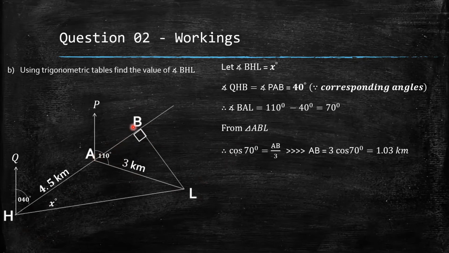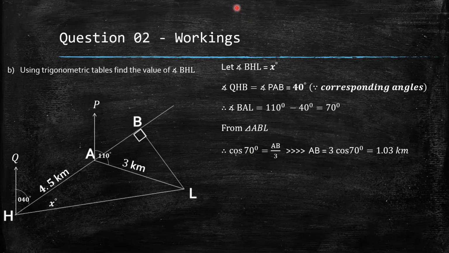My adjacent side is AB, and the hypotenuse is AL. So cos 70 equals AB divided by AL, which is 3. Once you cross multiply, AB will be equal to 3 cos 70. Now you need to find the cosine value using the tables. I haven't used the tables; I straight away find the value.